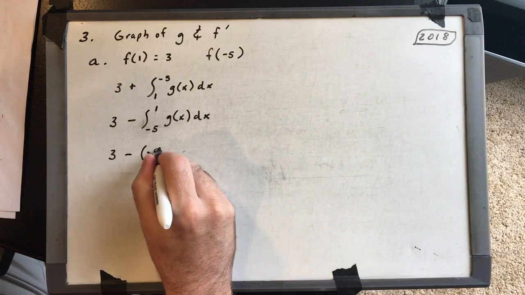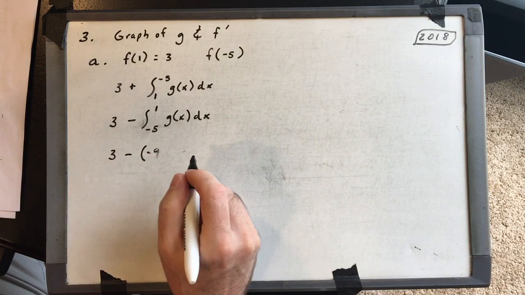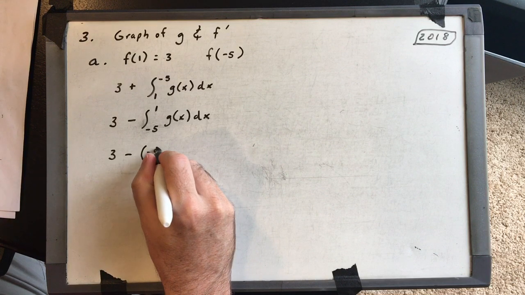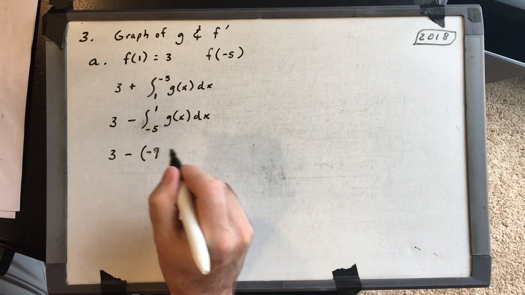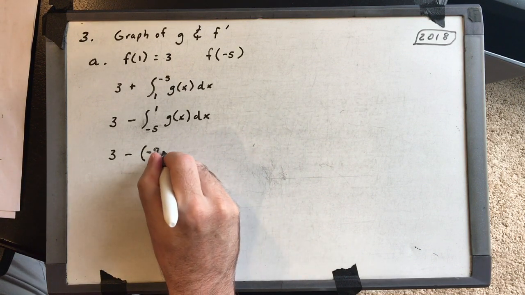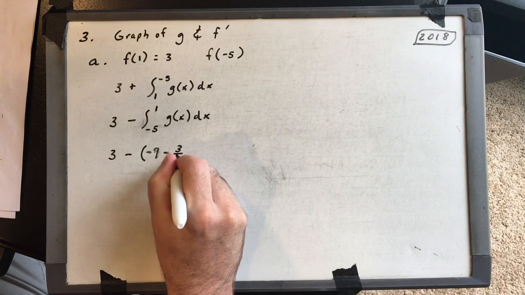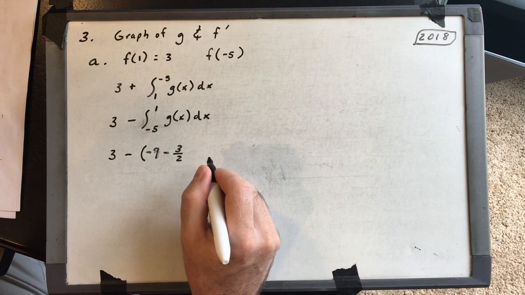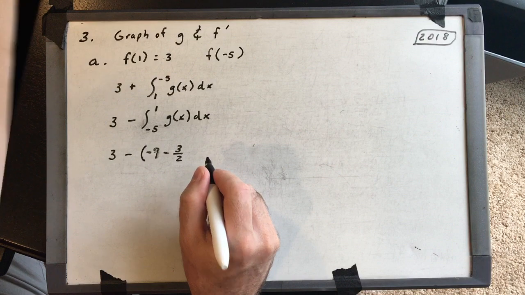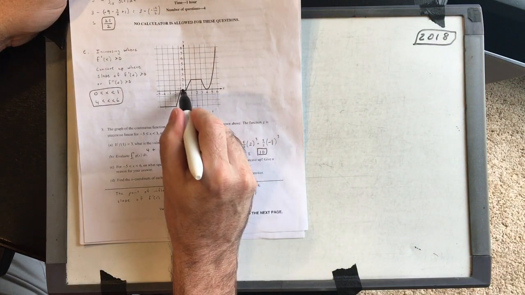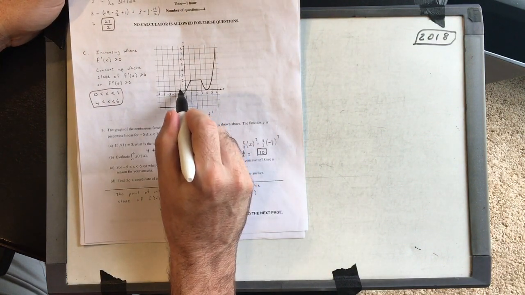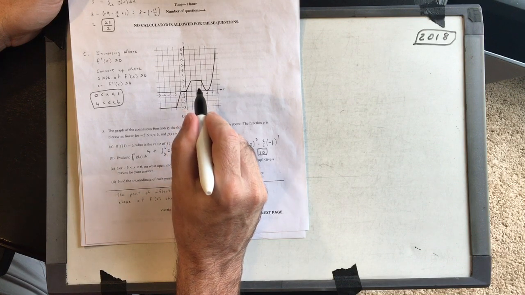So that's 1/2 base, which is 1, height is 3, and it's below the x-axis, so minus 3/2. From negative 1 to 0, there's no area under the curve. It's a straight line at the origin, so we don't have to add anything there.